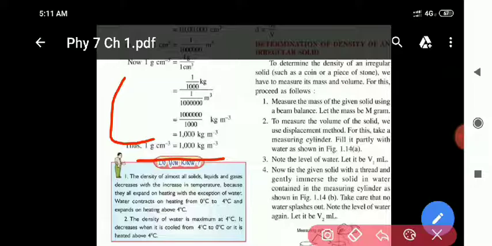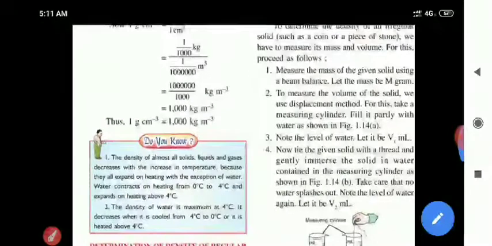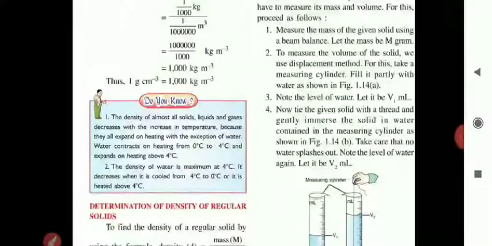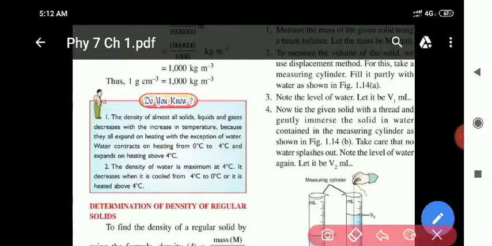The density of almost all solids and liquids decreases with increase in temperature because they expand on heating. When temperature is increased, the object expands on heating, with the exception of water. Water contracts on heating from 0 degree centigrade to 4 degree centigrade.